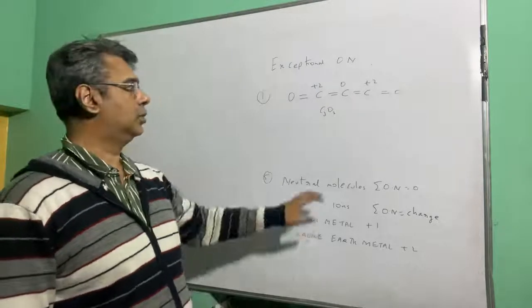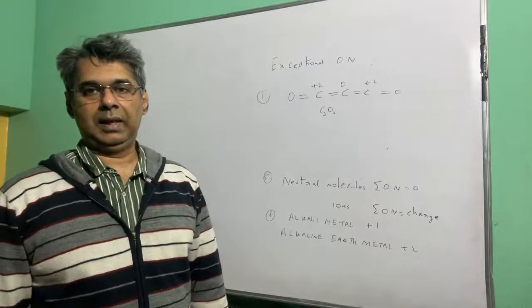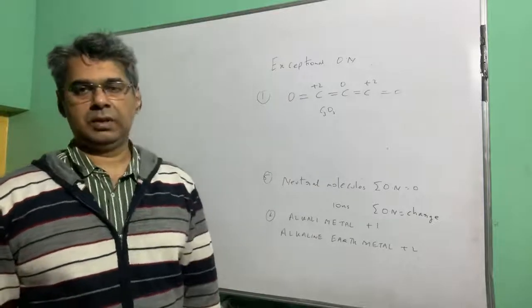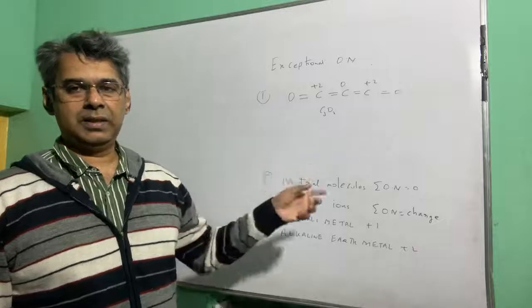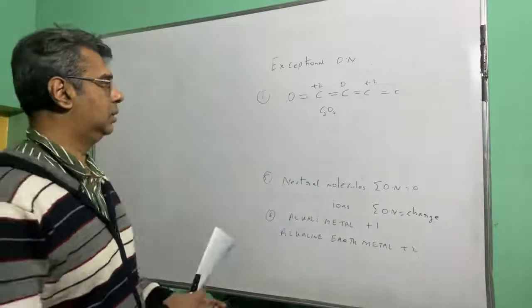So in C3O2, you have 3 carbons and all of them don't have the same oxidation number. Now, there's a very easy way to derive this. I'll just quickly tell you.